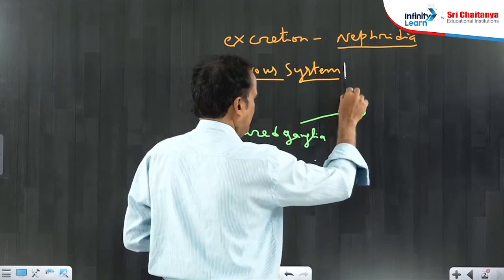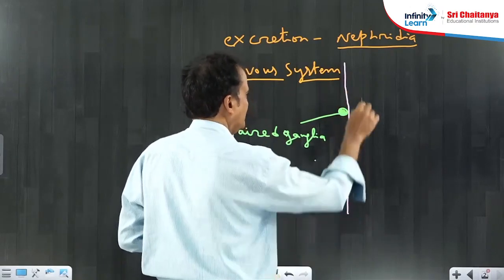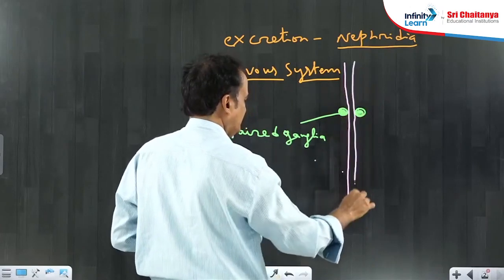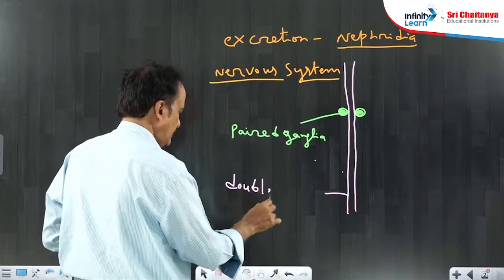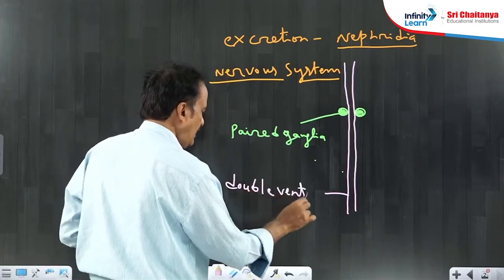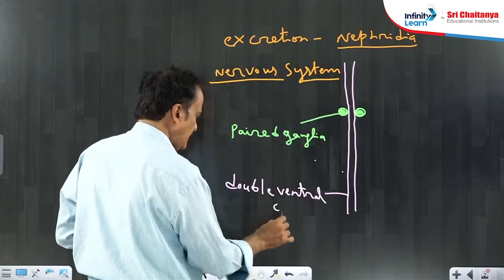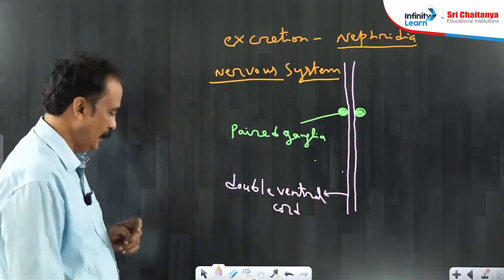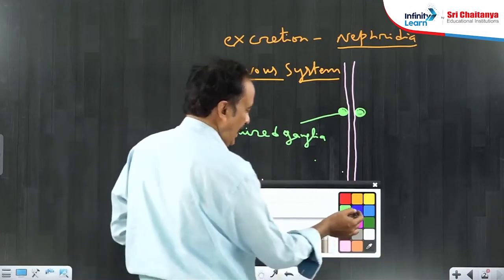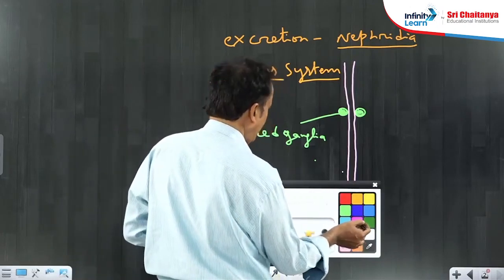Say this is the double ventral nerve cord. Ventrally, the nerve cord is present and it is a pair, that's why it is the double ventral nerve cord, connected with the help of transverse nerves.